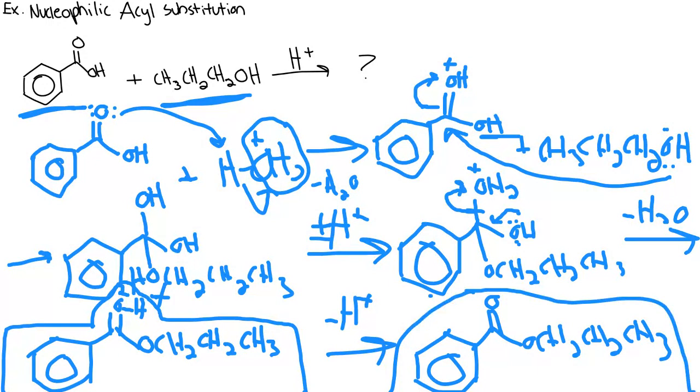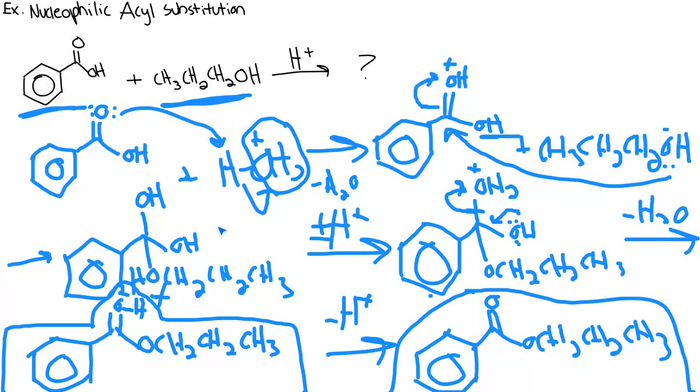Okay, and remember in esters, you have that carbon-oxygen double bond, which is bonded to an oxygen, which is bonded to whatever R group. So that is Fischer esterification, and that's our ester product.